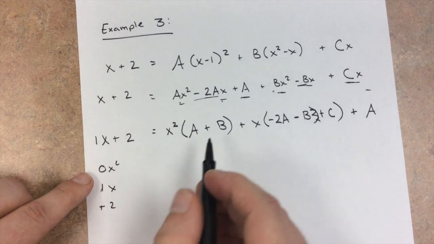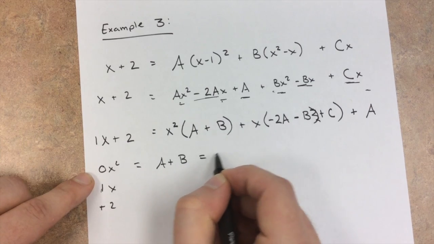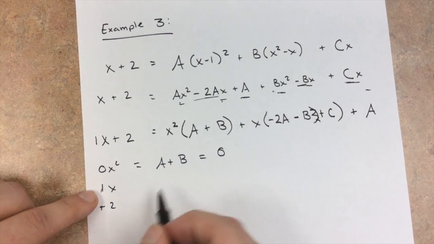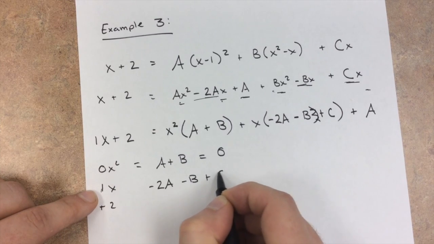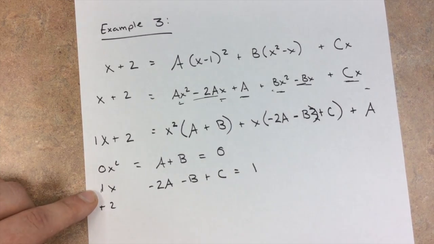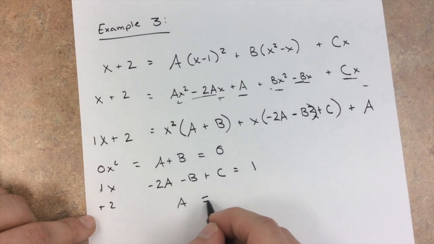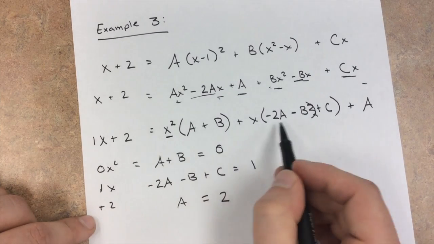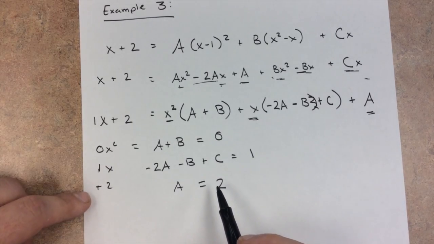So we set the x squared terms, a plus b, equal to 0. You set the second one, negative 2a minus b plus c, equal to 1. And you have your last term, a equal to 2. There's your x squareds, there's your x's, there's your a. Here's your system of equations.